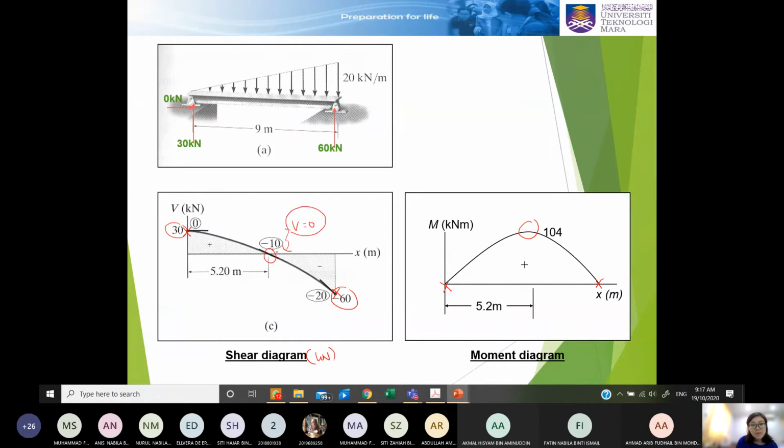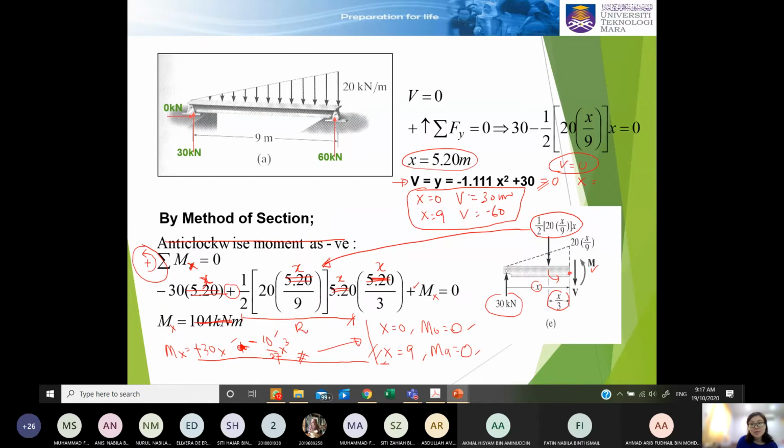But we do not know the value of x, and we need to go back to our shear force equation, which was already established earlier, which is this one. Then we need to put it equal to 0 because we want to determine, when V equals 0, what the value of x is. So from here, you solve x is equal to 5.2 meter.